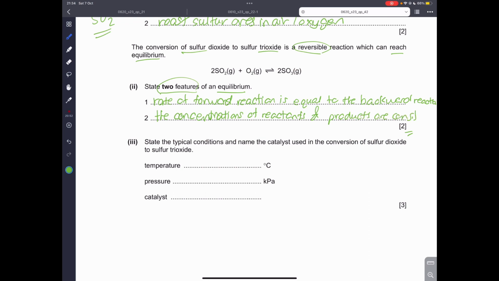In other words, no more reactant is made than the products, and no more products is made than the reactants. So basically, the concentration of reactants and products are constant. Now the keyword here is constant, and for the first feature, the keyword is forward reaction is equal to the backward reaction. Now this will give you an easy 2 marks for this question.